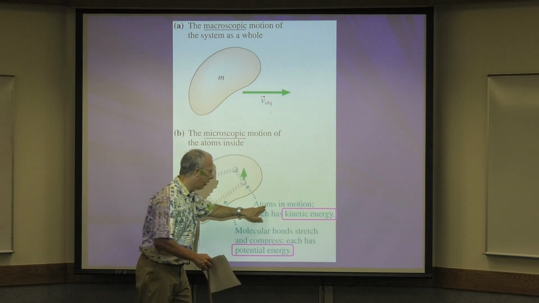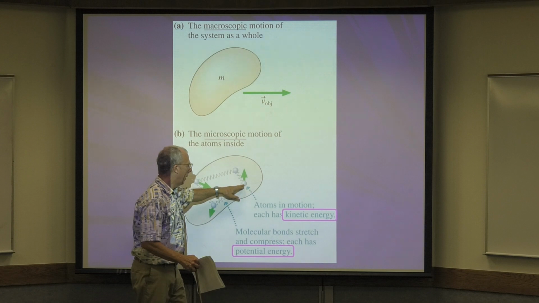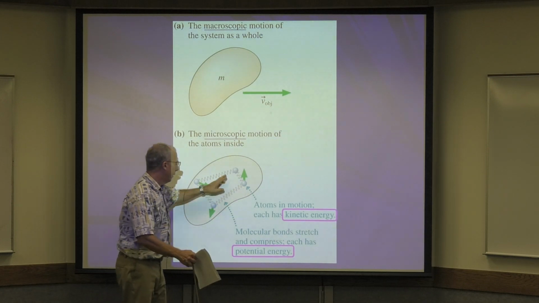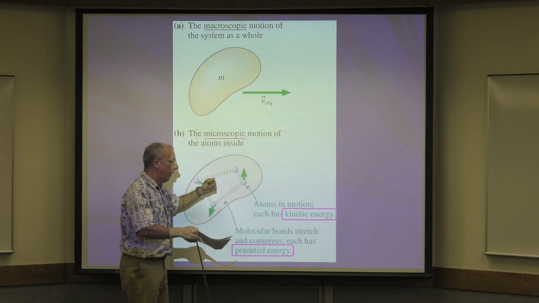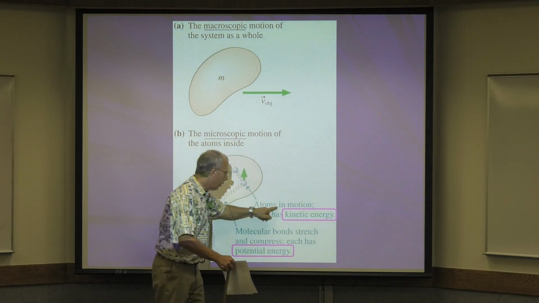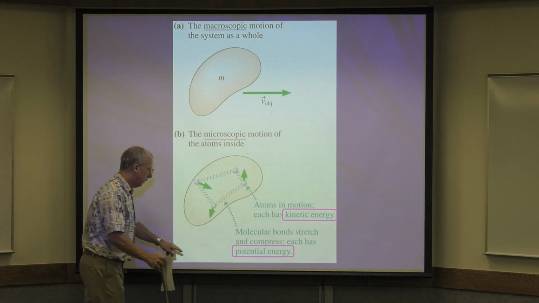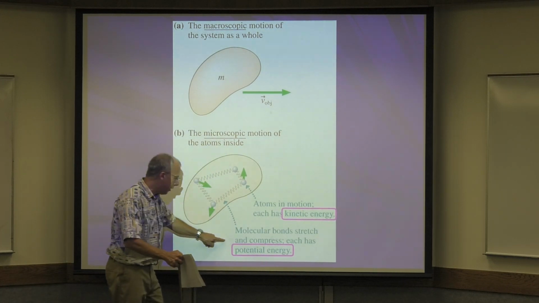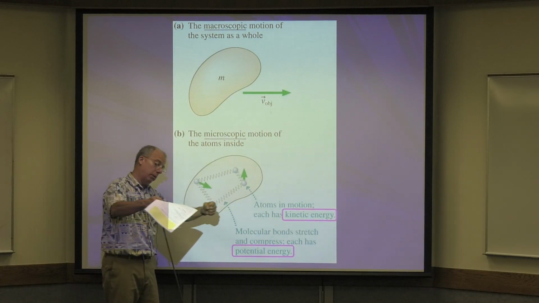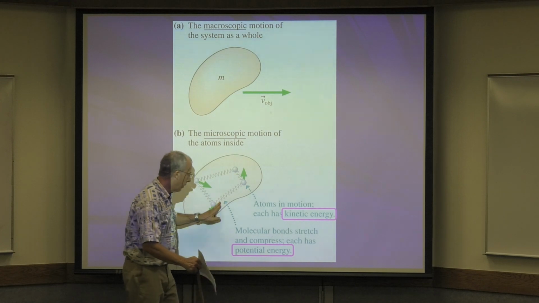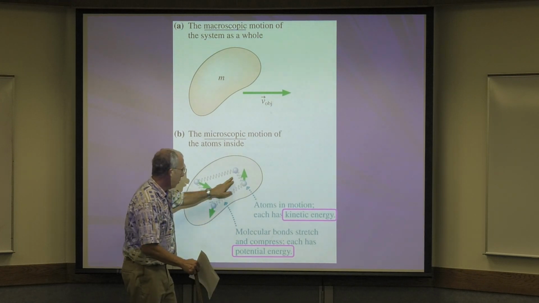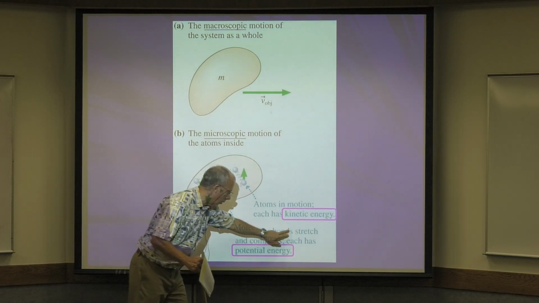So molecules in motion, right? They're moving around because they're held together by springs. So the molecules are in motion, each has a kinetic energy. Now the molecular bonds stretch and compress, and so there's potential energy associated with each system of molecules.